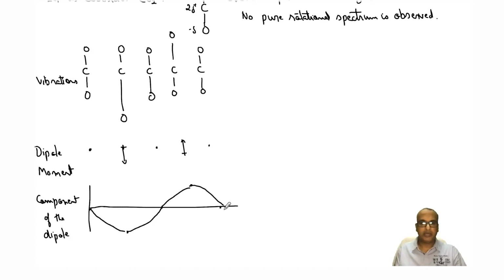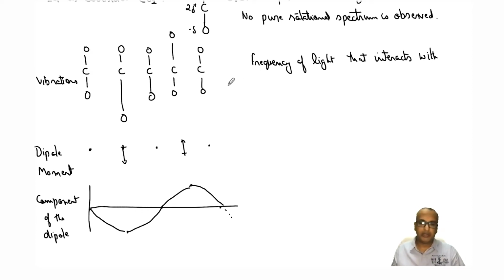Something like this. So now again, the frequency of light that interacts with this dipole component is in the infrared range.